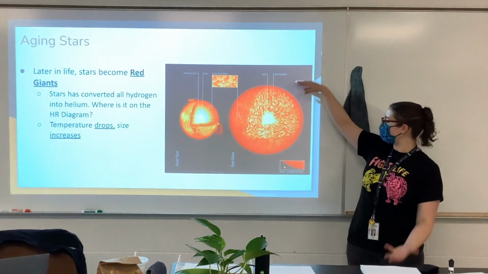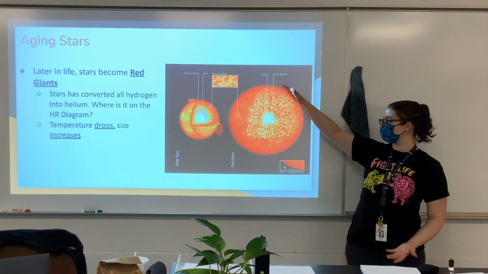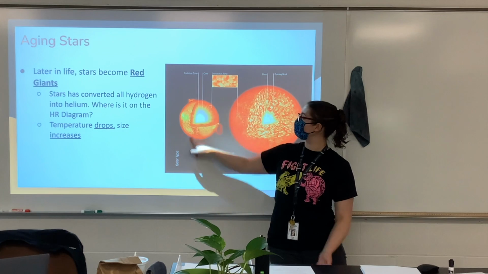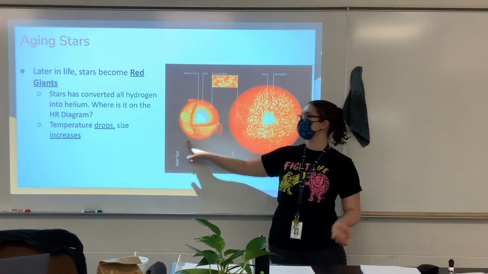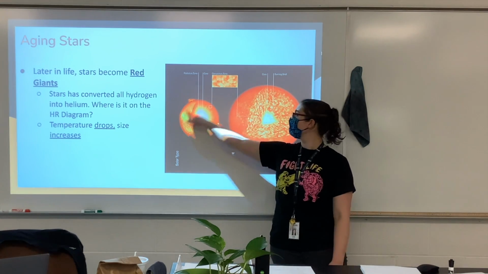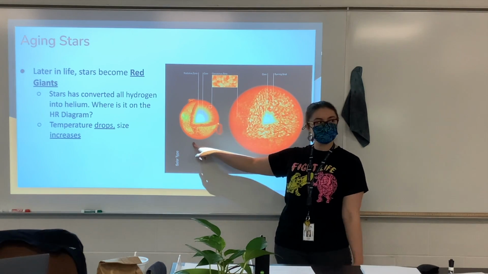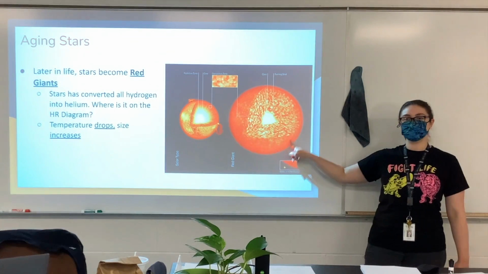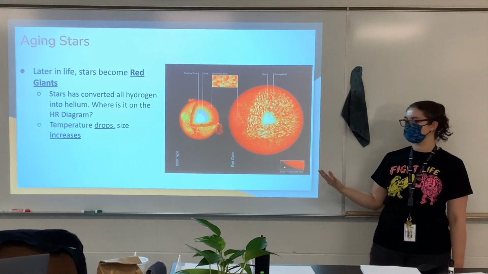So it gets cooler and it gets literally larger in size. Here, if we were comparing a star similar to our sun, this would be its normal size when it's on the main sequence. And then this is what it's like when it expands to become a red giant star.